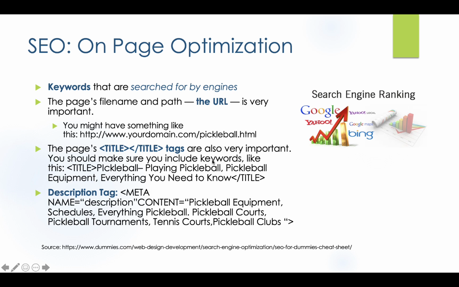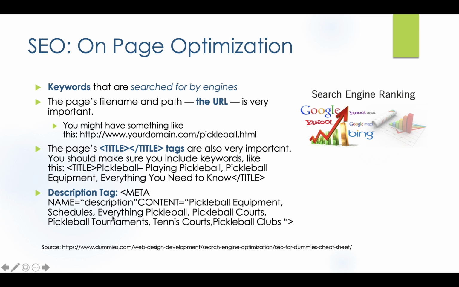Meta tags are very important, because you want to include within your meta tags the things that people may search on. So for example, if you're interested in pickleball, or you are a pickleball company, your meta tags are going to include pickleball, playing pickleball, pickleball equipment, everything you need to know about pickleball. You want to make sure that those different types of keywords are tagged differently.